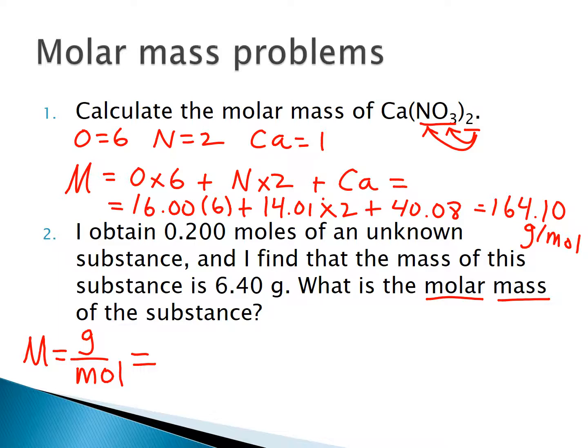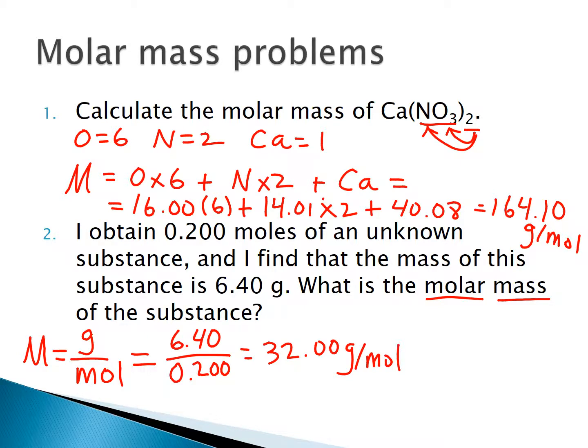All right, so we're going to take the number of grams, which is 6.40 grams, and divide by the number of moles, which is 0.200. 6.4 divided by 0.2 equals 32.00 grams per mole.